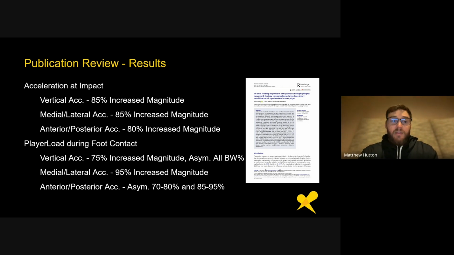But interestingly, the 85% threshold or inflection point wasn't the same for every plane of movement, and the anterior posterior started to get an increased magnitude at only 80%. So thinking again critically here, okay, well, if they're going to start to see some of these asymmetries or the higher accelerations at the anterior posterior movement plane, maybe we need to look at a different view.